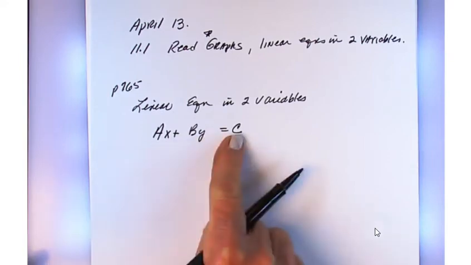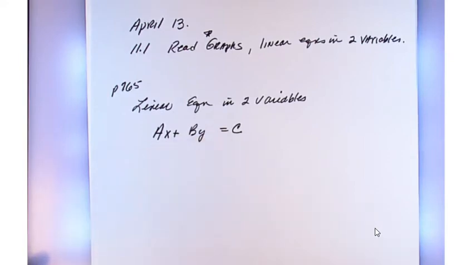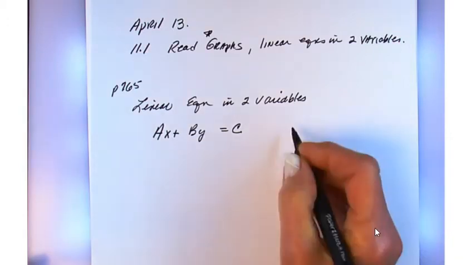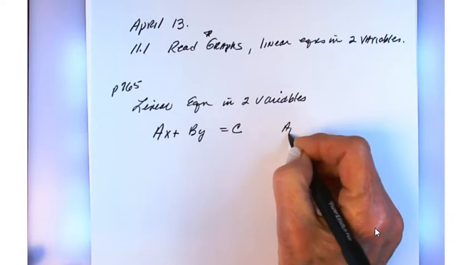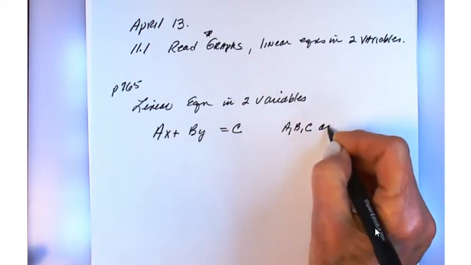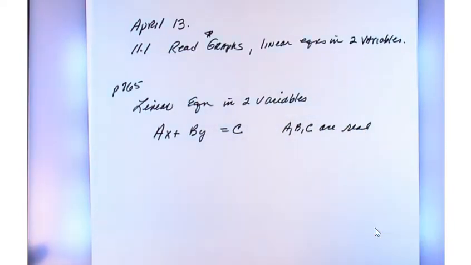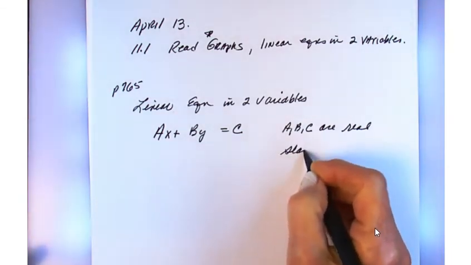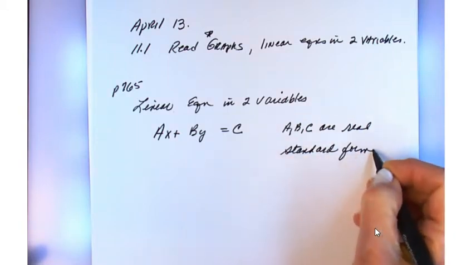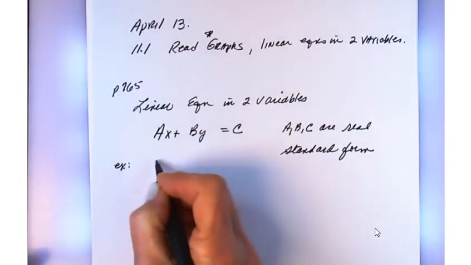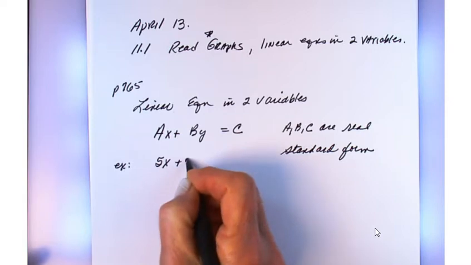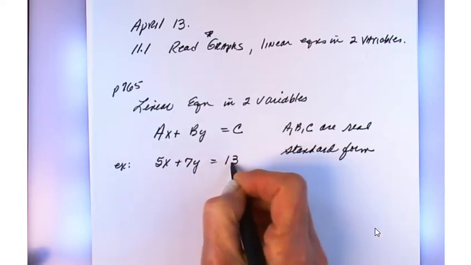We have both the variables on the left-hand side, and the only stipulation here is A, B, and C are real, and this is called standard form. Standard form for a line looks like this. For example, ours might be 5x plus 7y equal to 13.